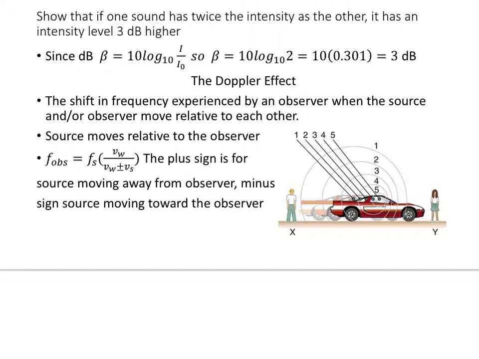Now the dramatic effect comes when the car passes Y, because Y then experiences this change in frequency from high to low as the car passes. And perhaps you have had this experience where you're standing alongside the road, especially if it's like the thruway, and cars are passing you.